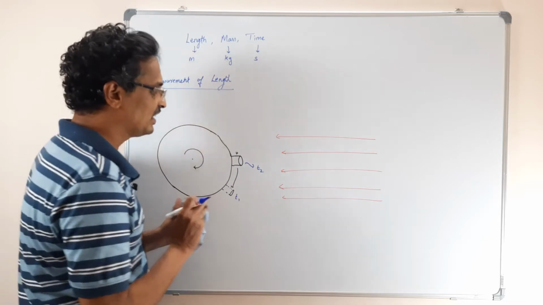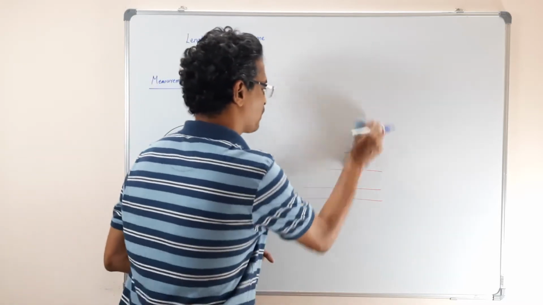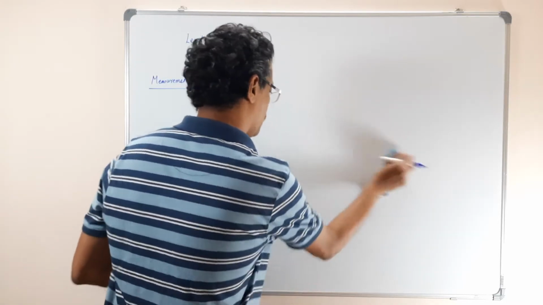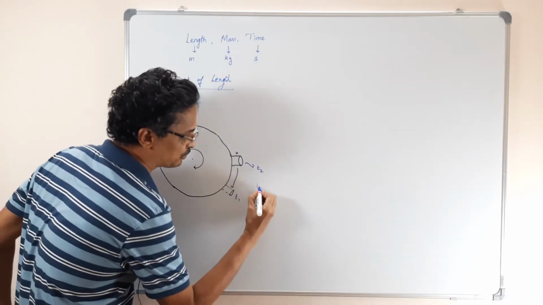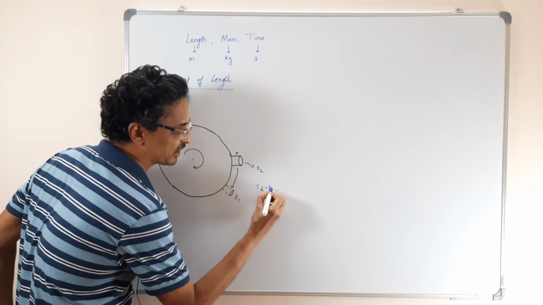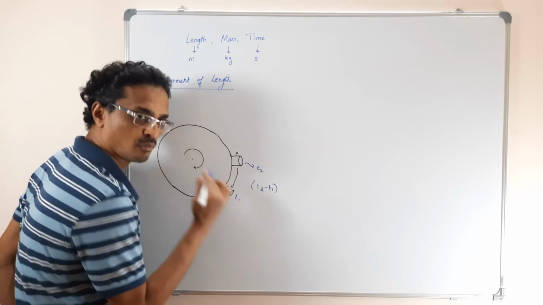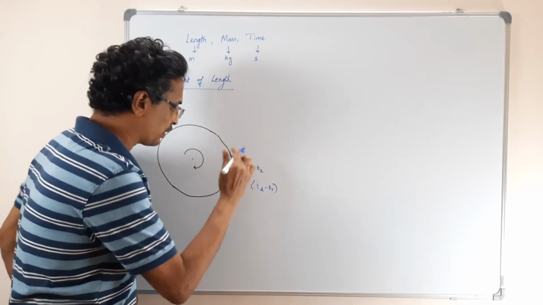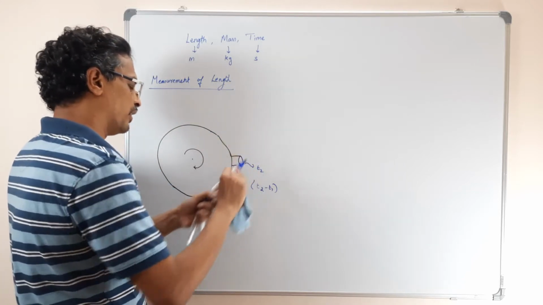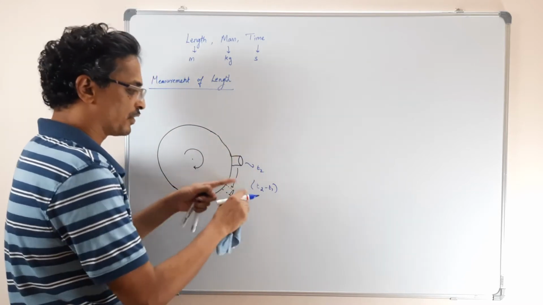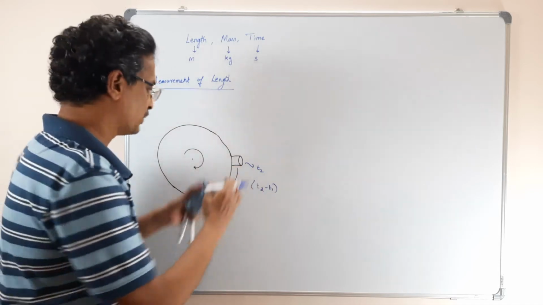Correct? So then he simply used this. The time difference is T2 minus T1, correct? This is the time taken. For example, if this is at 5 o'clock and this is at 4 o'clock, then the difference is 1 hour, something like that.